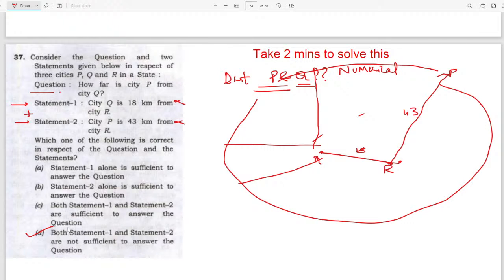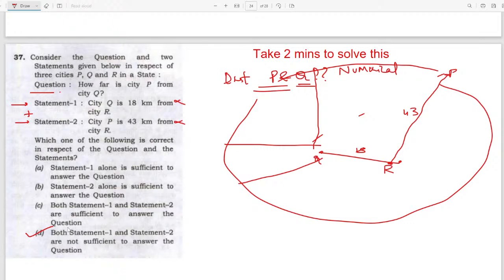Yes, P can be anywhere on this circle. They are saying that P is 43 kilometers from R. A circle is a trajectory where the distance of each point is equal from the center. So R becomes the center, and P is on the circumference of that circle.